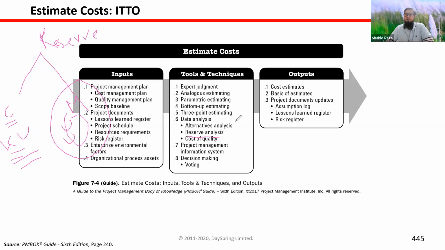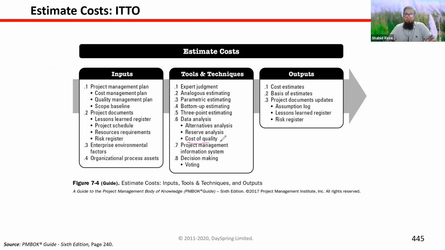Say natural calamities, earthquake. These are the things that we cannot forecast. So for that, sometimes we keep management reserve. Both these cost related reserves you have to keep, and you have to add them with all the activities, all the work packages. So if anything wrong happens, this money can help you.